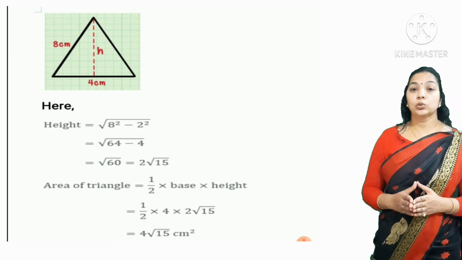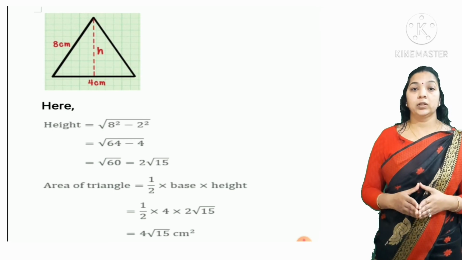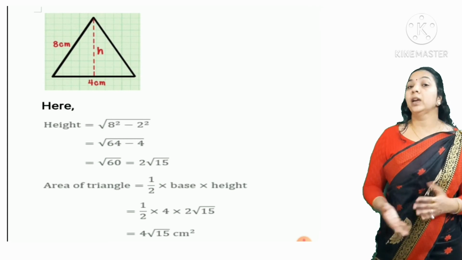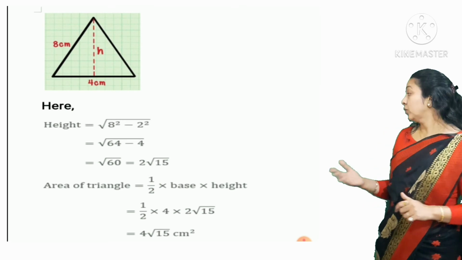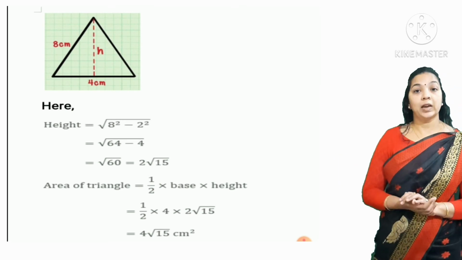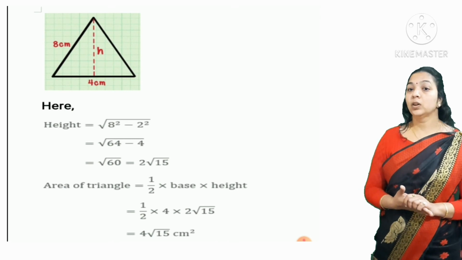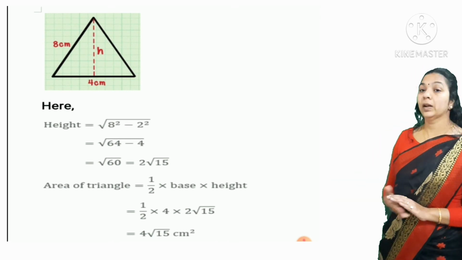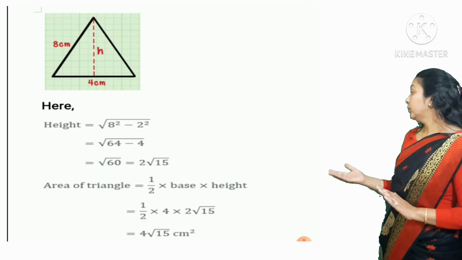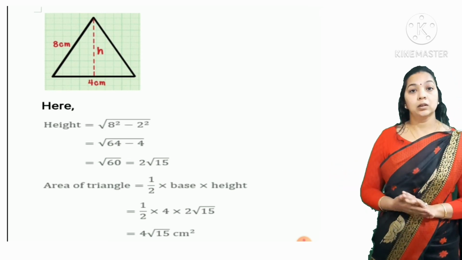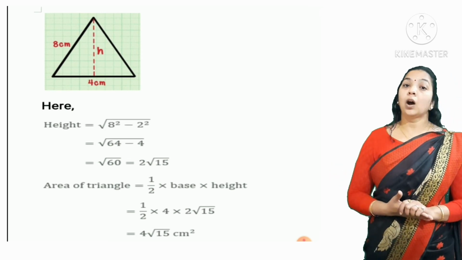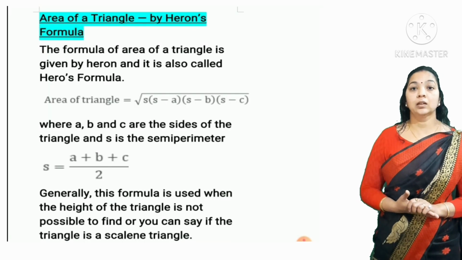So 2 root 15 will be the height of the triangle. Now again using the general formula, half of base into height, we calculate the area: half of 4 into 2 root 15, that is 4 root 15 centimeter square. So this is how we calculate the area of the triangle.